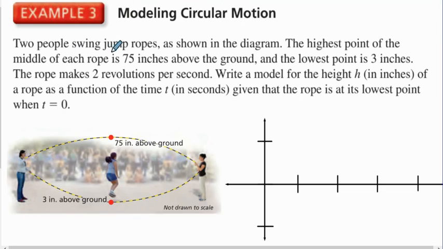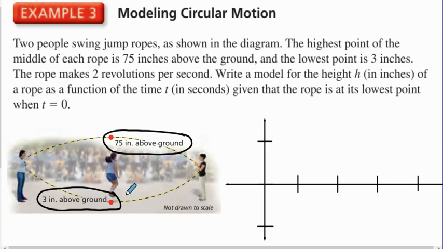Okay, 2 people swing jump ropes as shown in the diagram. The highest point of the middle of each rope is about 75 inches above the ground. And the lowest point is 3 inches. So the ropes aren't actually coming down and slapping the ground. They're staying above the ground. The rope makes 2 revolutions per second.